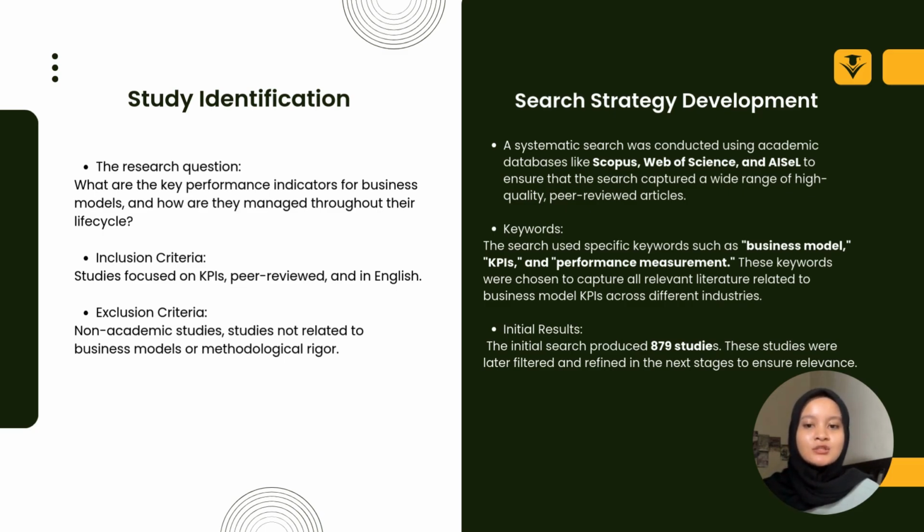The search uses specific keywords such as business models, KPIs, and performance measurement. The initial search produced 879 studies, which were later filtered and refined in the next stage to ensure relevance.